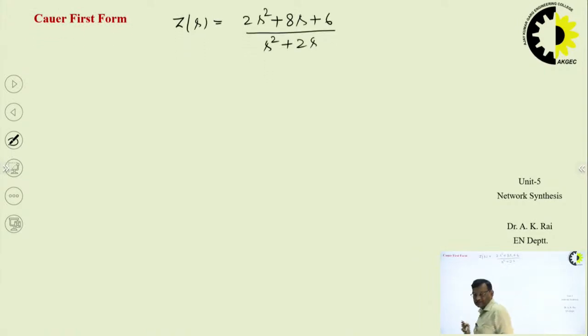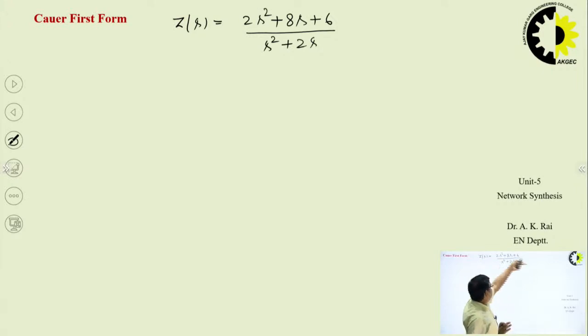For the Cauer first, the function is given, arrange the polynomials in descending order and divide the numerator by the denominator. The technique behind Cauer first is to carry out the continued fraction expansion about the pole at infinity.